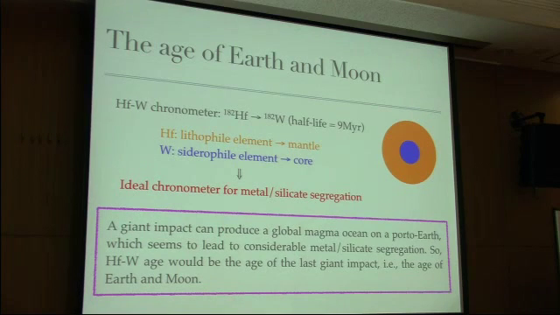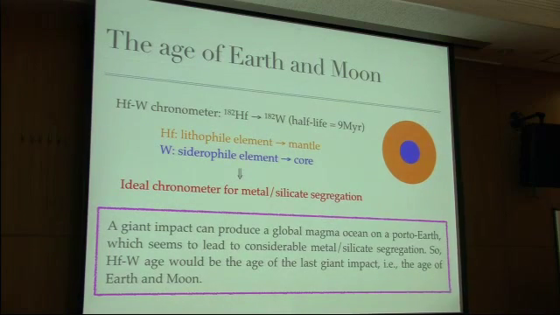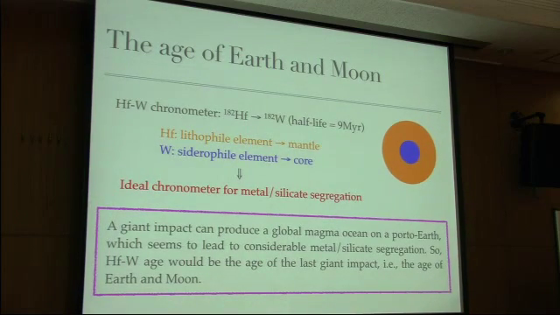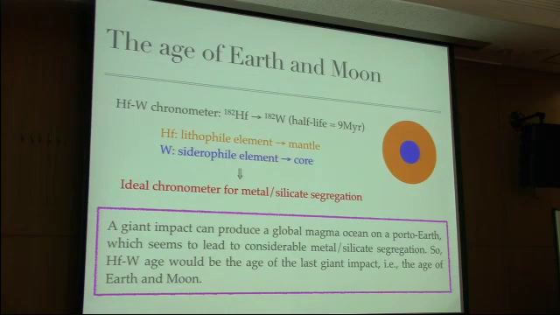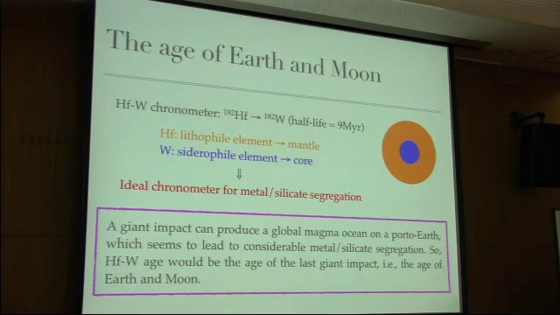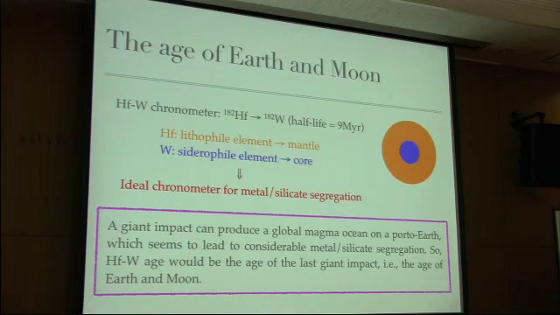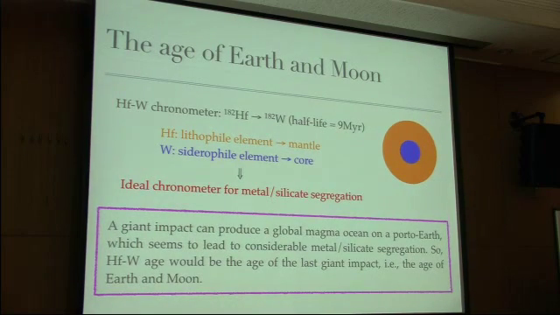It's a very good chronometer because hafnium is a lithophile element, which means hafnium likes rocks, so it's incorporated into the mantle. On the other hand, tungsten is a siderophile element, which means tungsten likes iron, so it is incorporated into the core. So this system is the ideal chronometer for metal silicate segregation.